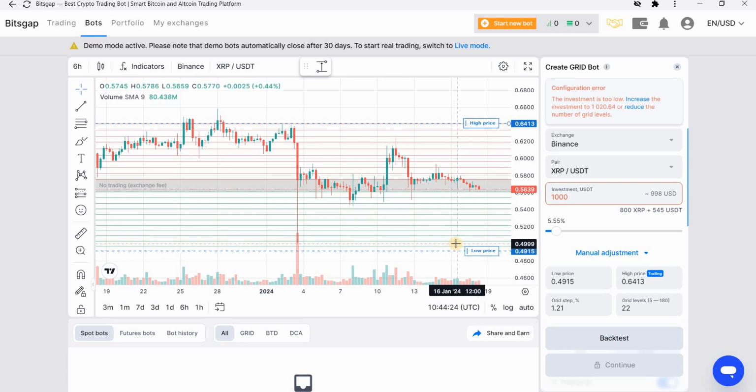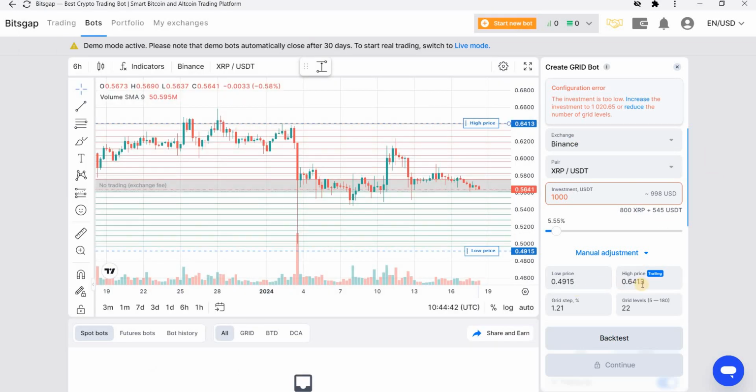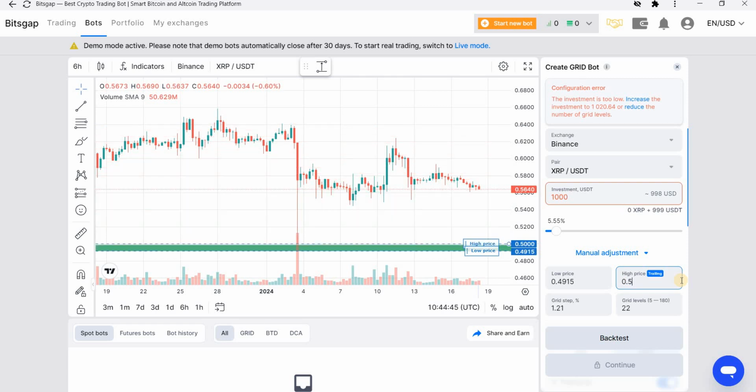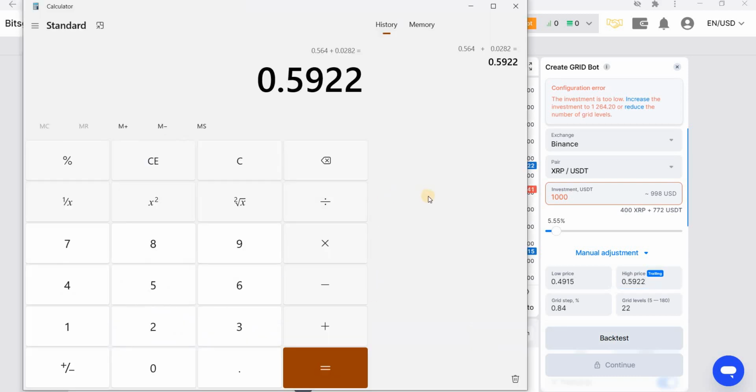So what I do, 5% above the current price, so we're at 0.5640. So we go 0.5640 plus 5% gives us 0.5922. So high price 0.5922. And you can see that's dropped down a bit now. And then the low price, we want 40% below the current.